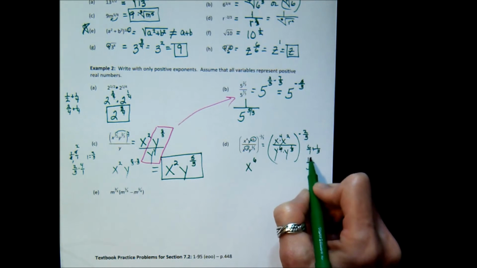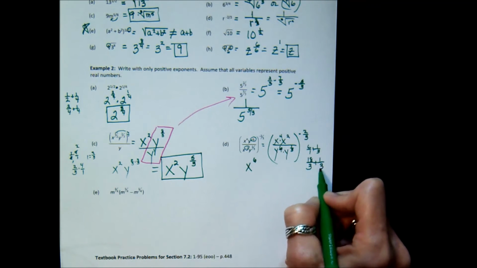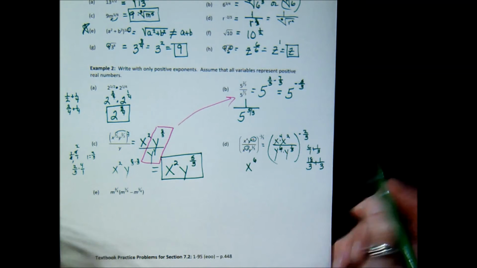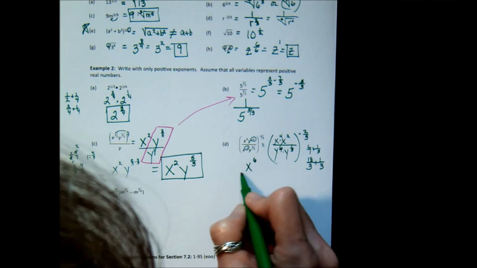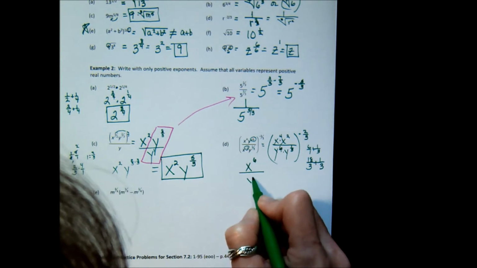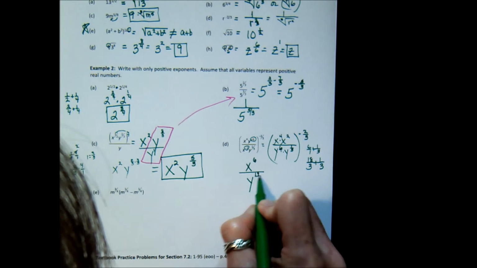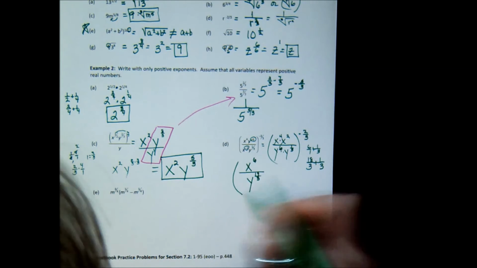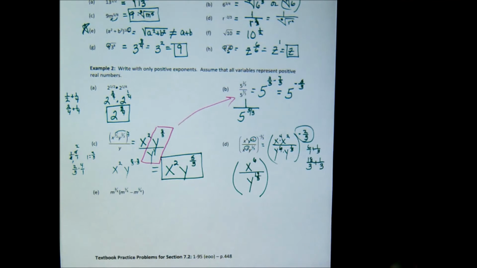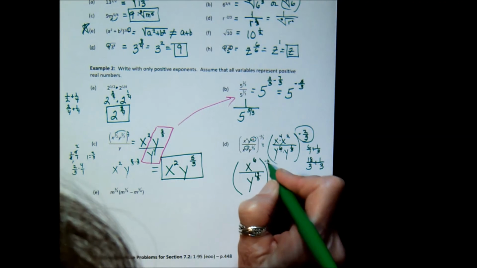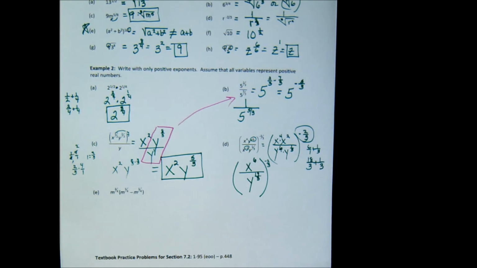So it's 18/3 plus 1/3 is 19/3. So it's x to the 6th over y to the 19/3, and now I'm ready to apply this negative exponent, negative 2/3. So we're not finished yet.